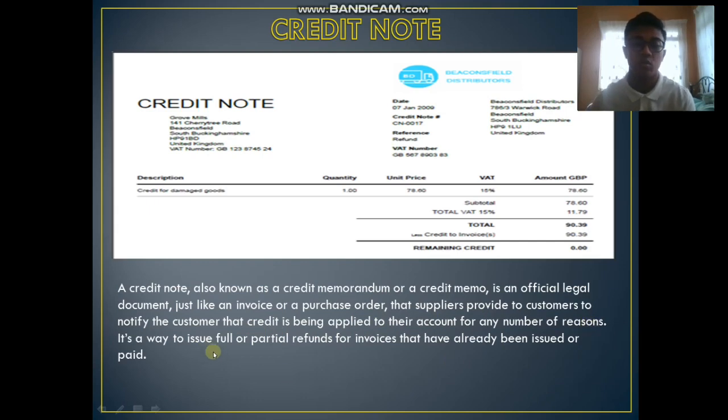It's a way to issue full or partial refunds for invoices that have already been issued or paid. Credit note is raised as a result of approval for customers' returns or granting allowances to the customers. Its function is like an invoice, but acts in the opposite way, that is, it indicates the amount to be deducted from a customer's account.